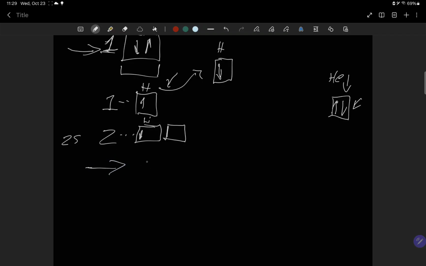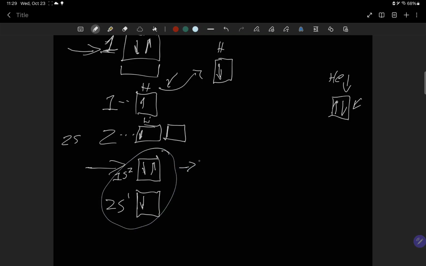So s2 orbital, it's going to have 1s2. So that's going to have both of these. So that's 1, 2. And then now it's going to also have this next s orbital. So that's 2s1. So this 1 meaning we only have 1 electron here. So that makes 1, 2, 3 electrons.